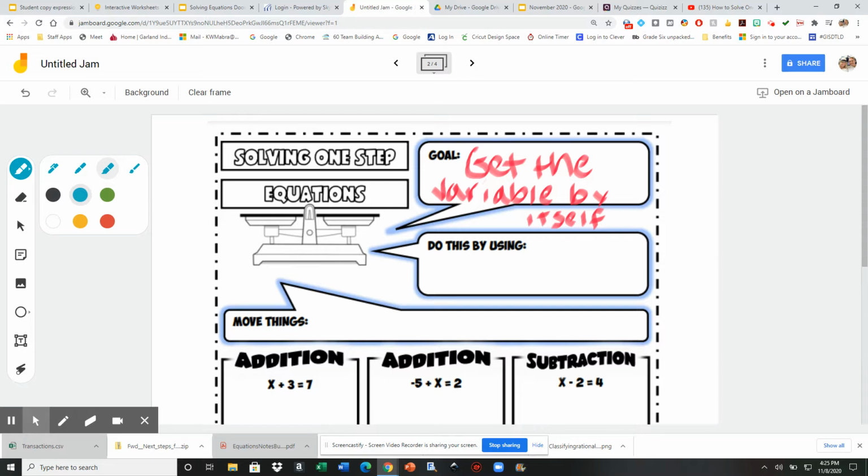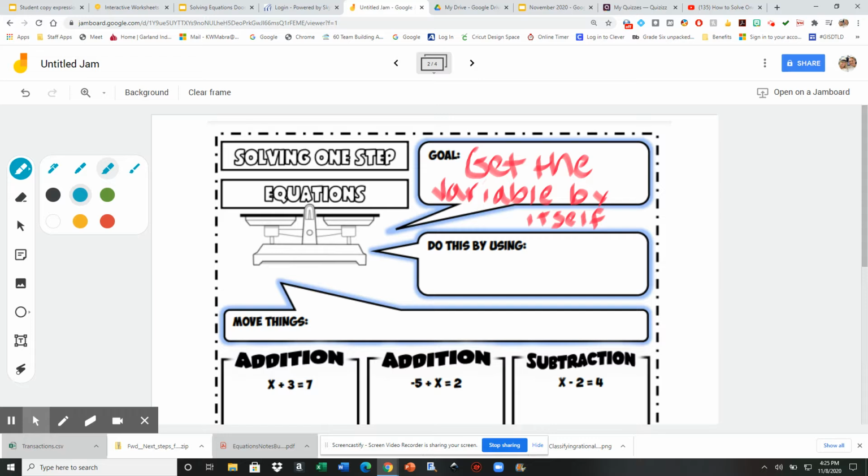Now, usually when you have a problem, like you look on the bottom of this page, you'll see x plus 3 equals 7, or negative 5 plus x equals 2, or x minus 2 is equal to 4. In each one of those equations, you can see that there is a term with the variable.